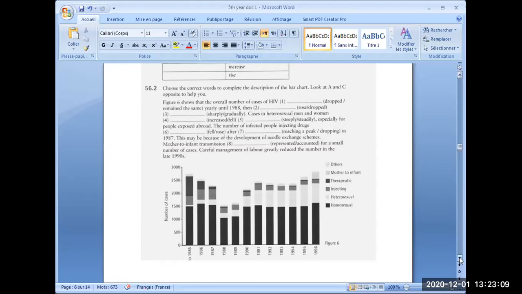This may be because of the development of needle exchange schemes. Mother to infant transmission accounted for a small number of cases. Careful management of labor greatly reduced the number in the late 90s.